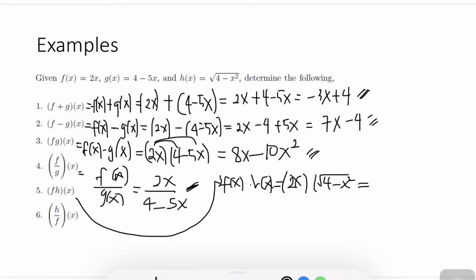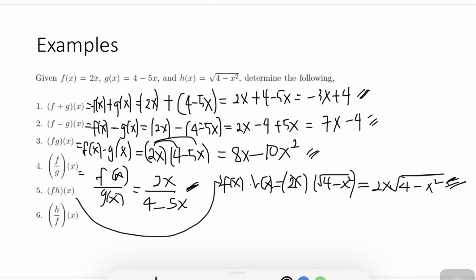So we cannot distribute 2x because of this square root symbol. So we just remove the grouping symbol. 2x times the square root of 4 minus x squared. Okay, so this is our final answer. We cannot simplify that further.